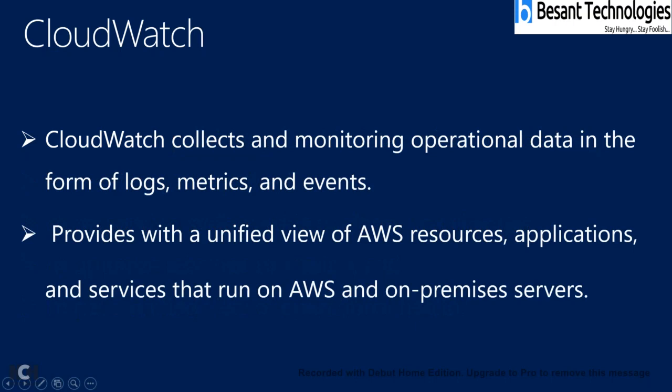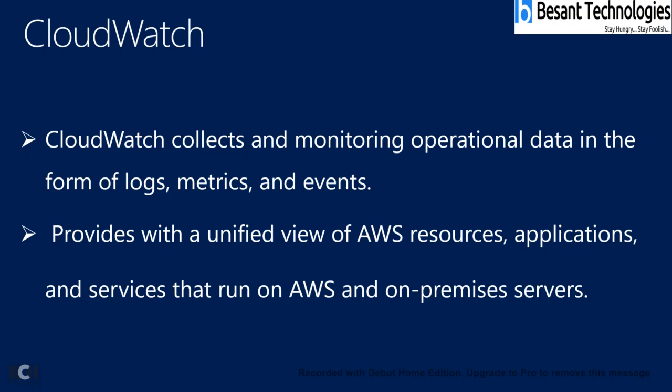CloudWatch collects and monitors operational data in the form of logs, metrics, and events. It provides a unified view of resources, applications, and services that run on AWS and on-premises servers.